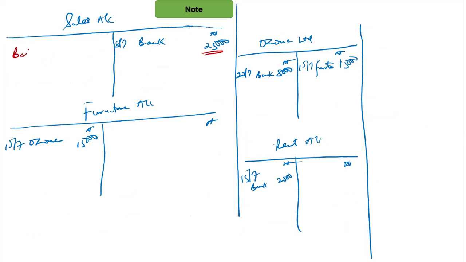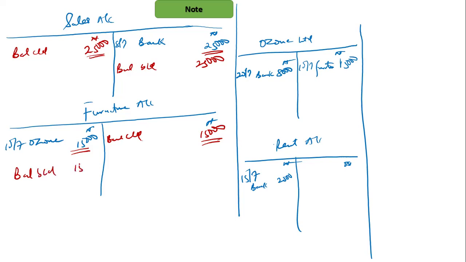25,000. Balance brought down. So on the opposite side of sales, this shows that my sales is having a credit balance. Balance brought down 10,000. It shows that my furniture is having a debit balance.